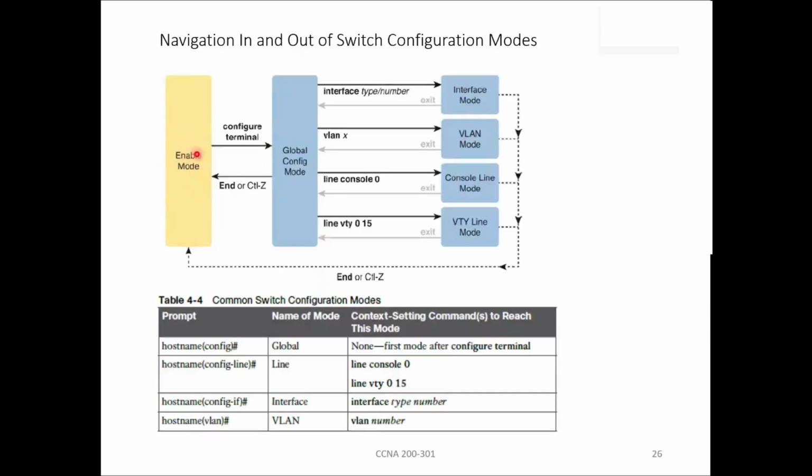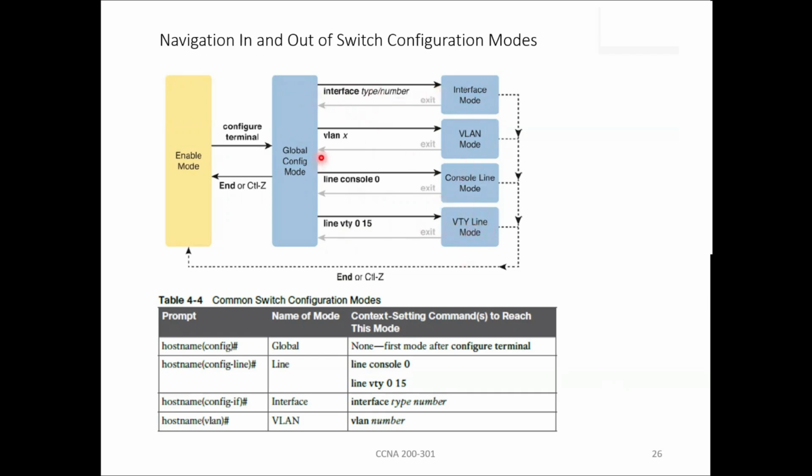From enable mode, we can go to configuration mode, which is called global config mode. From config mode, we can go to interface mode, VLAN mode, console mode, and also VTY mode. VTY means Telnet or SSH.